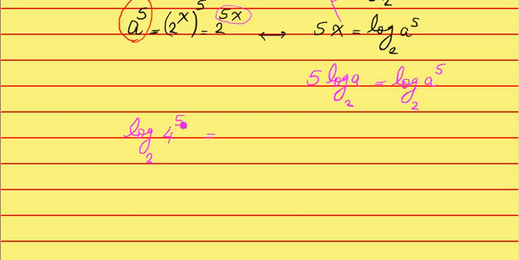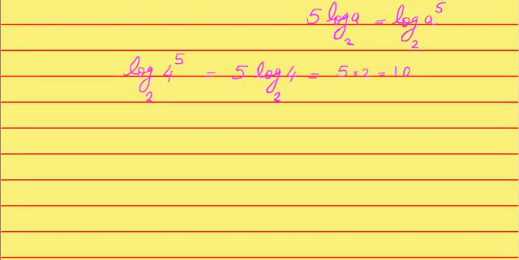But it's a lot easier if you realize that this 5 can be moved in front. Now logarithm of 4 in base 2, that's easy enough number. That's just 2. And the final answer becomes 10. Okay, so that was another rule of logarithm.